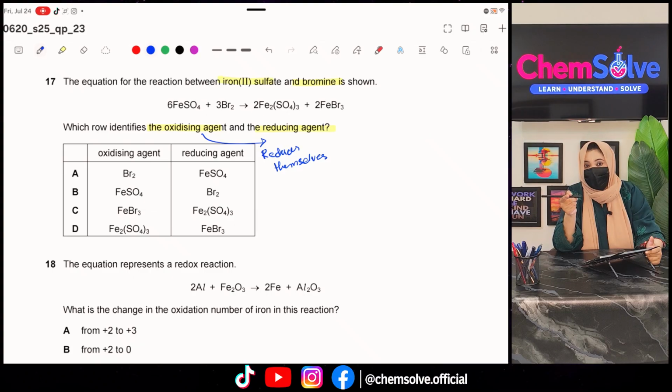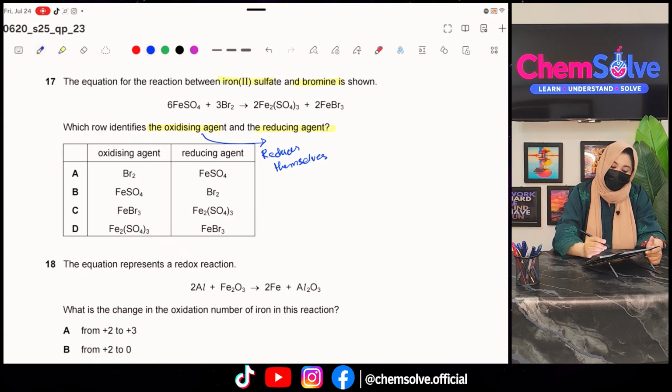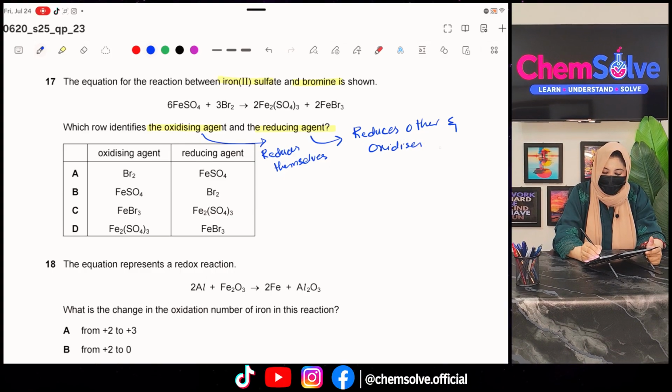They oxidize others and themselves they are being reduced. While reducing agents reduce others and oxidize themselves.